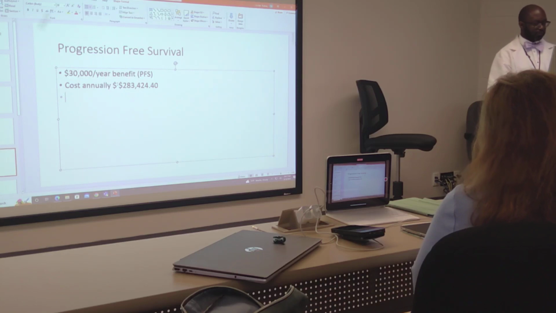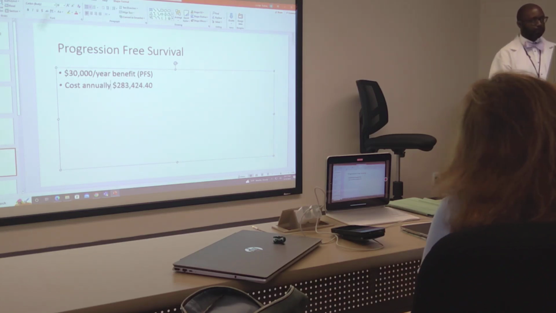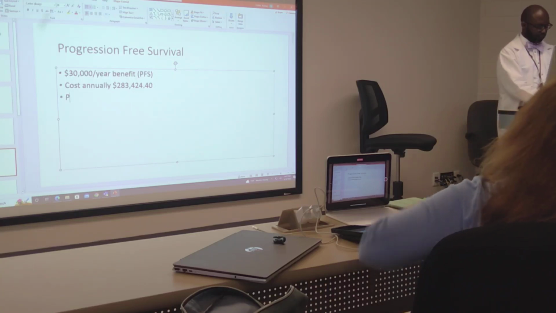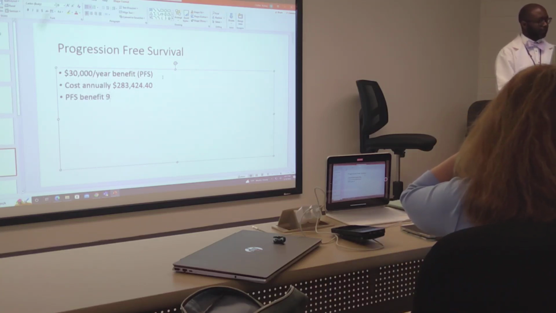we can already tell something's not adding up here. Because what was our total benefit for this drug? Did we even get a year? We got 9.3 months, right?